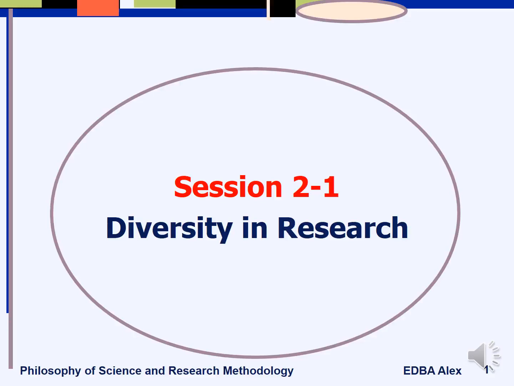Session 2 is divided into two parts. In the first part, diversity in research, we will see that there are different types of variables, different types of relationships, and different types of research as well. Later on, we'll talk about the steps of doing research.